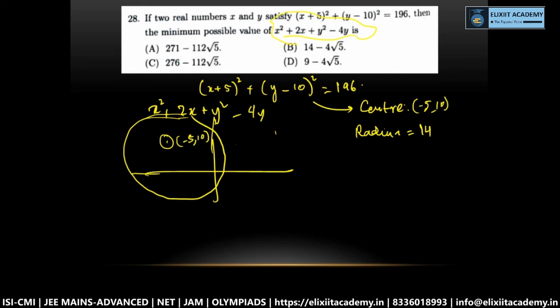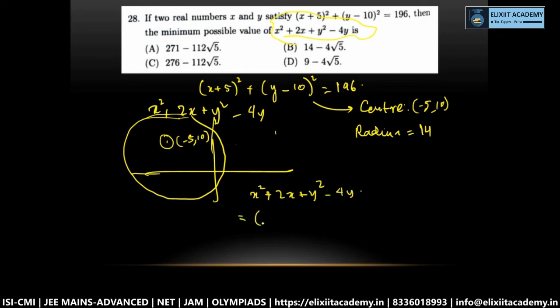Right. So the minimum possible value of this thing, which is x square plus 2x plus y square minus 4y. So first, it's better if we break this into the whole square format.